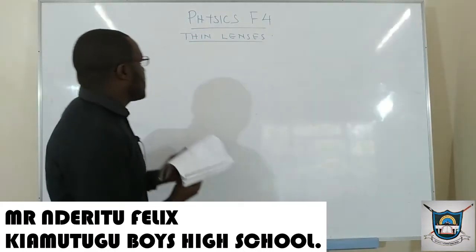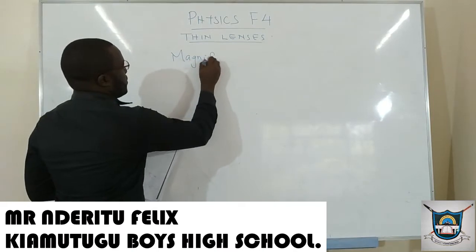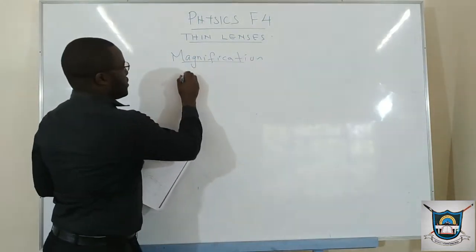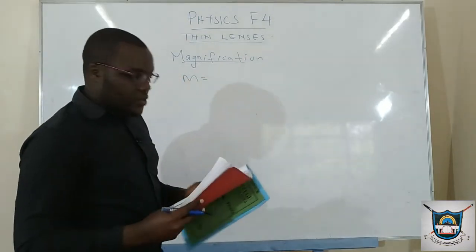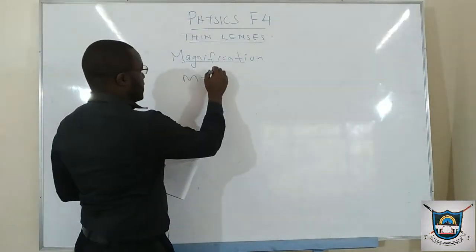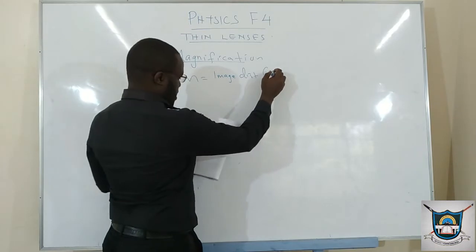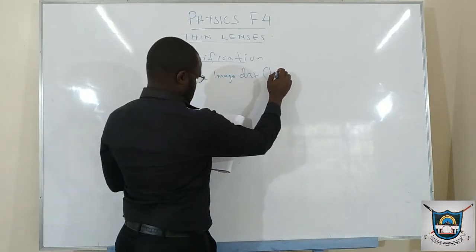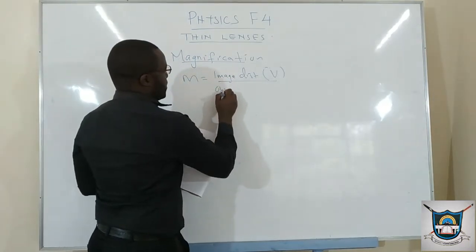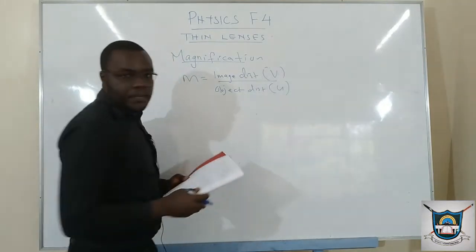Today, I want us to look at magnification and maybe try one or two examples on magnification. So we see that magnification, M, has two formulas. One, it can be defined as image distance, that is V, divided by object distance, that is U. That is one way.